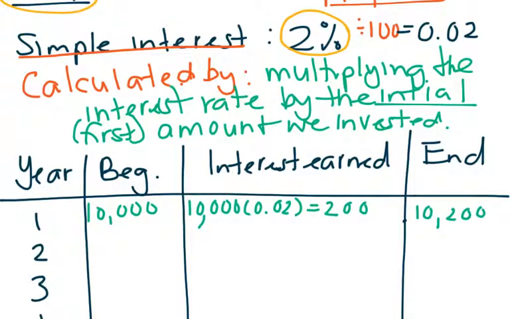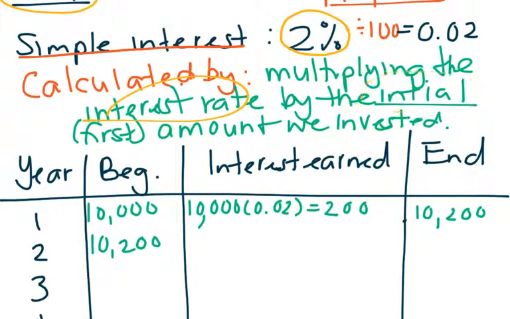So let's move on to the next year. If at the end of year 1 we've got $10,200, then at the beginning of year 2 we must have that same amount. So I'm going to put 10,200 here. Okay, now the question is, how much interest have we earned? Remember that we are dealing with simple interest, and we know that simple interest is calculated by multiplying the interest rate by the first amount we invested.